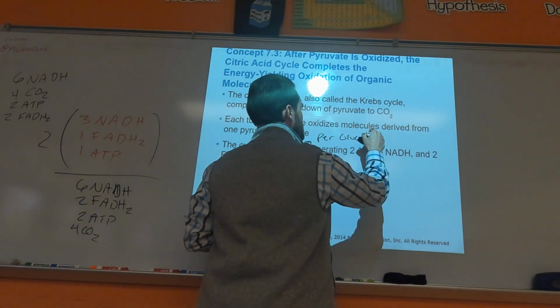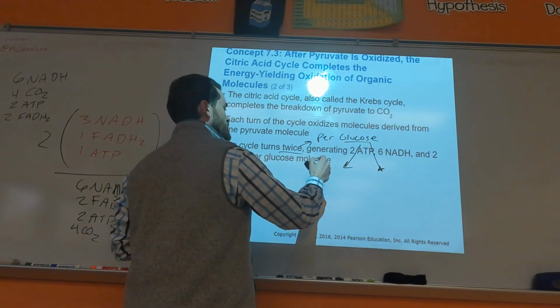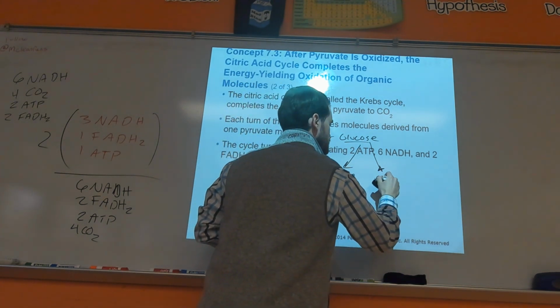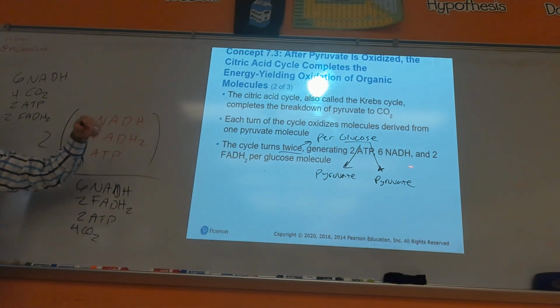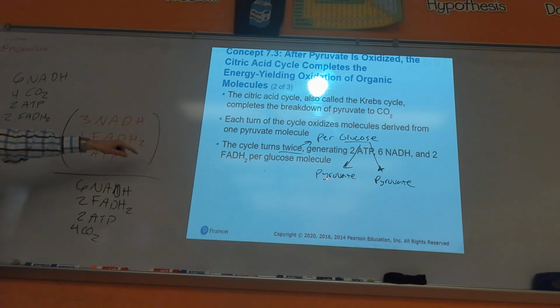It's per glucose because we took that glucose, which is a 6-carbon sugar, and you made 2 pyruvates. So that's why it goes twice. Glucose is a 6-carbon sugar. You broke it down into 2 3-carbon sugars called pyruvate.